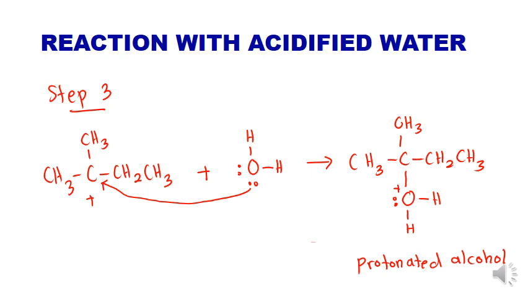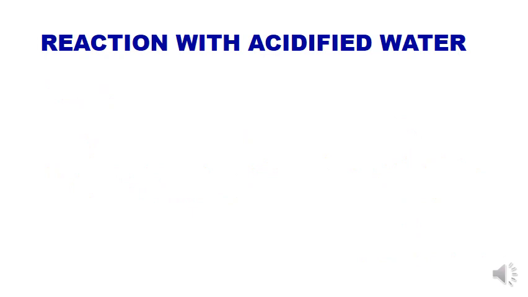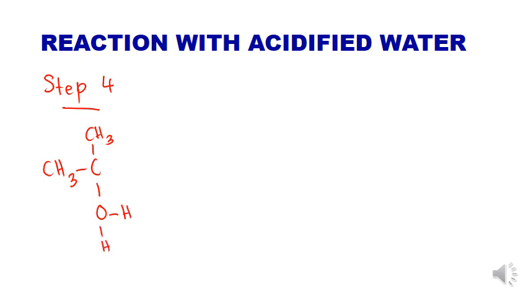So then we proceed to the next step, which is step number 4, involving the deprotonation of the protonated alcohol. So we have here the protonated alcohol, which is an oxygen having a positive charge with two hydrogen atoms.